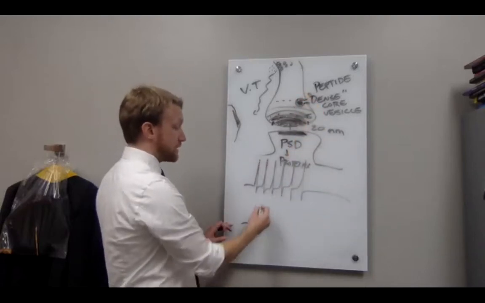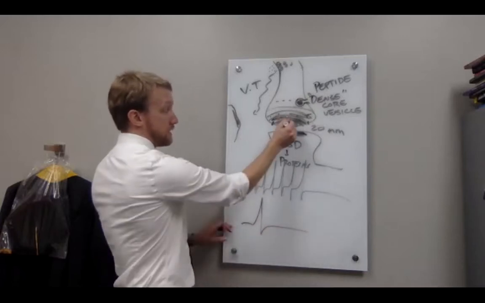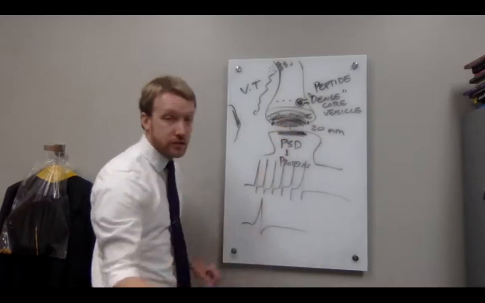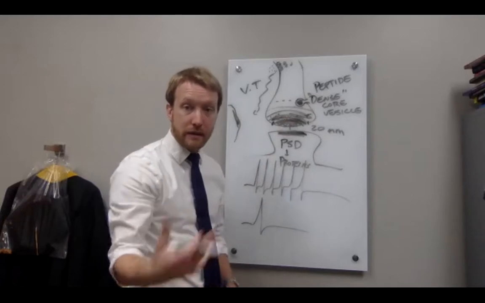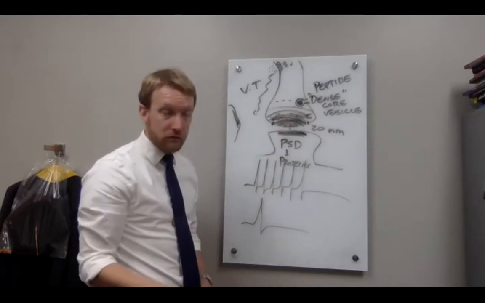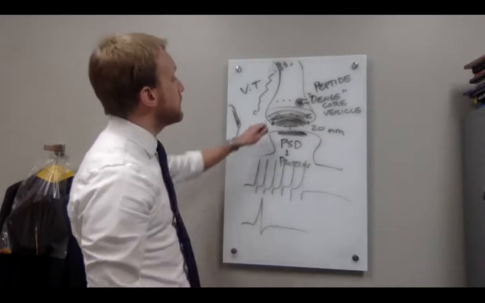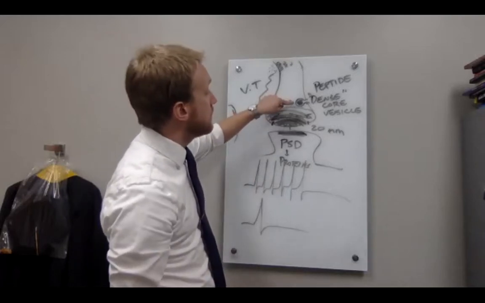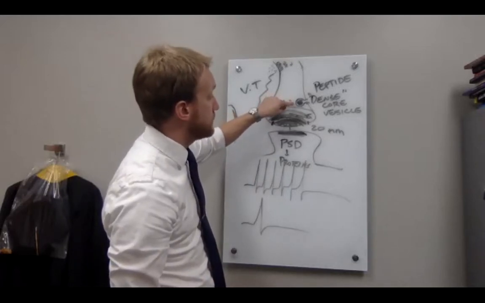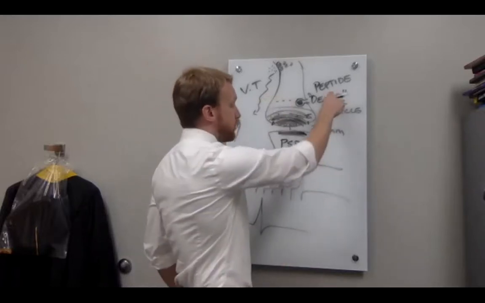So a single action potential is going to be enough to get release at the active zone for classical neurotransmitters like glutamate, GABA, your monoamines. But in order to get release at extrasynaptic areas for our peptide transmitters, we need a burst.